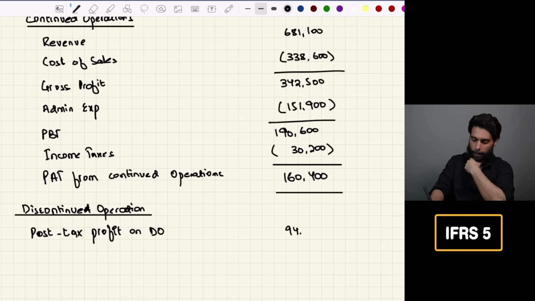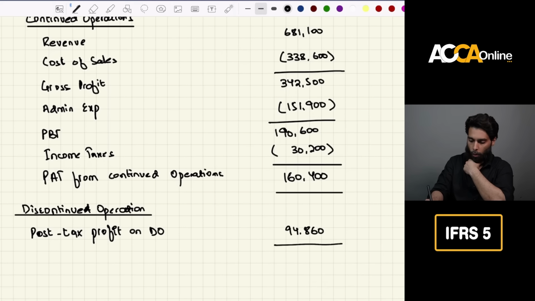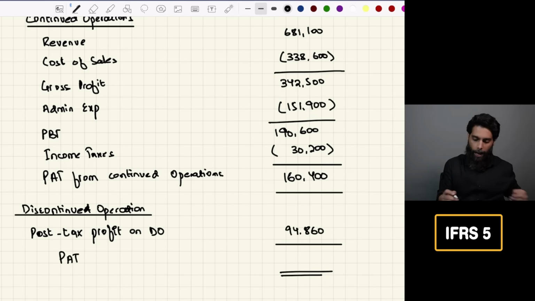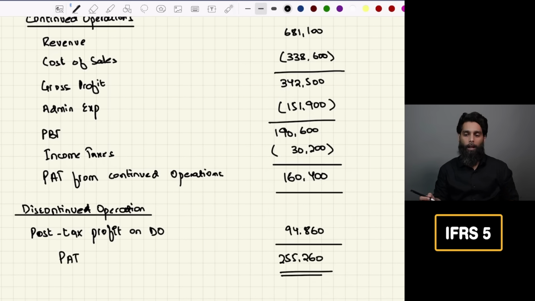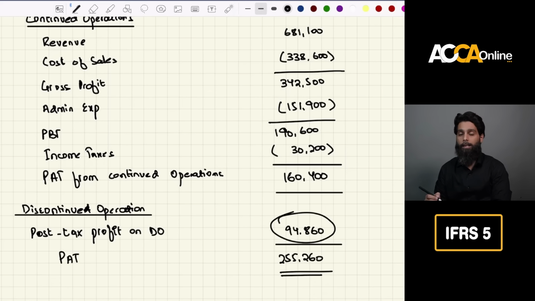So I write it here, 94,860. So you get a total group profit after tax of, I guess, 255,260.